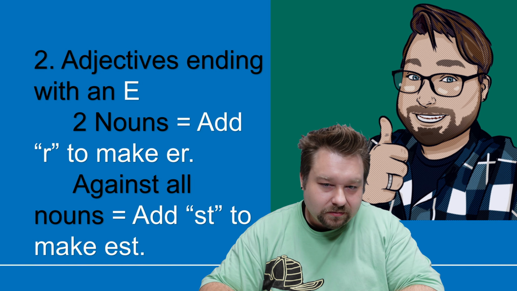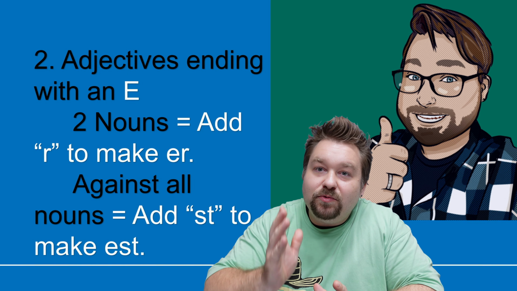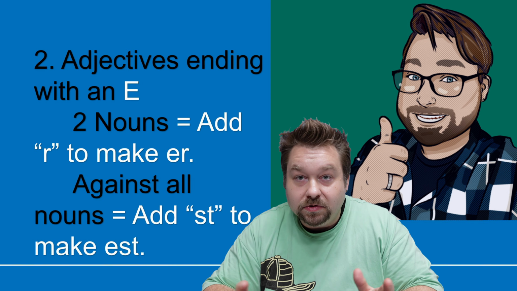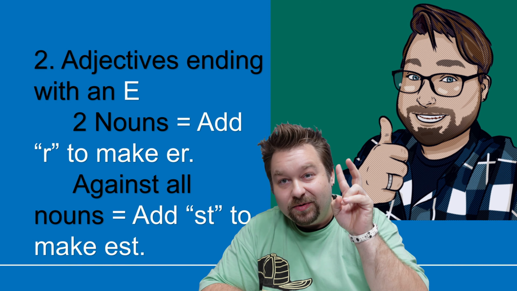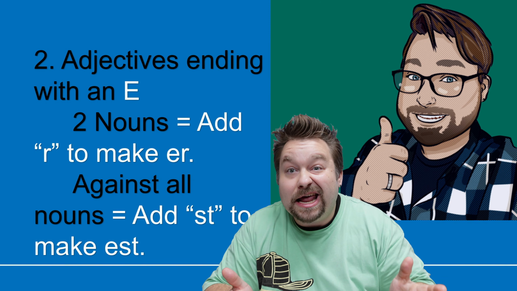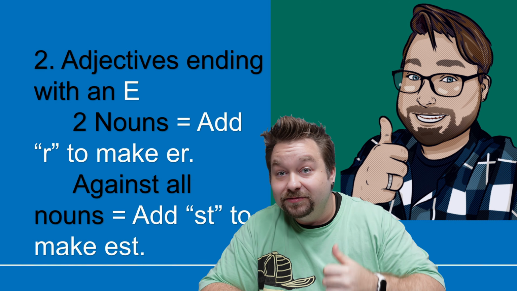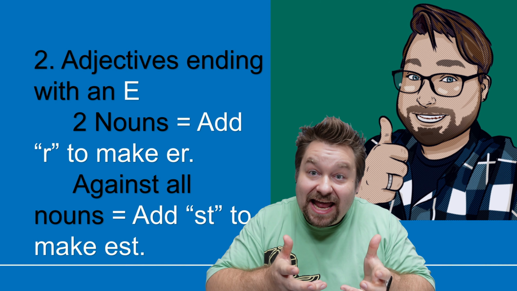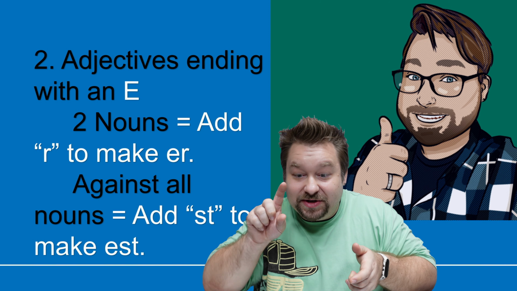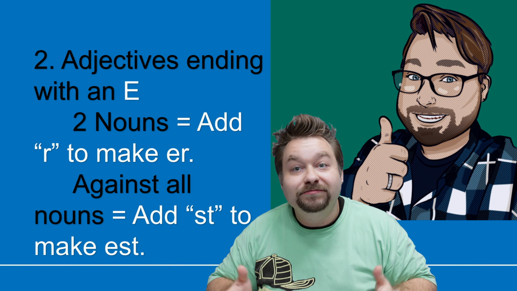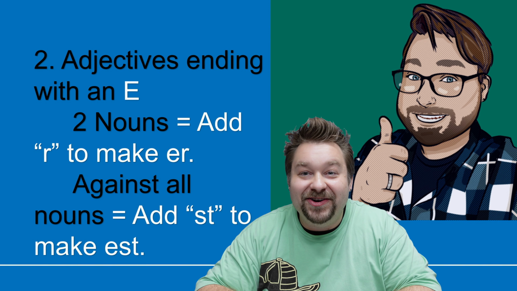Number 2, adjectives ending with an E. So the word ends with E. This one's kind of nice because when it's 2 nouns, we just add R and make it ER, like the last one. But here there's an E already, so we just put the R. ER is there now, okay?